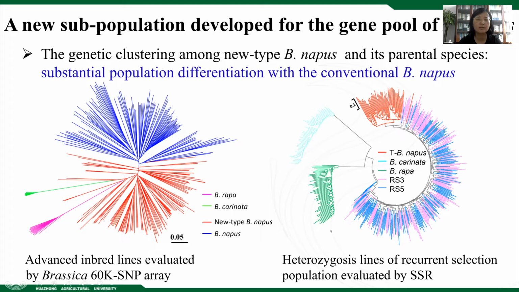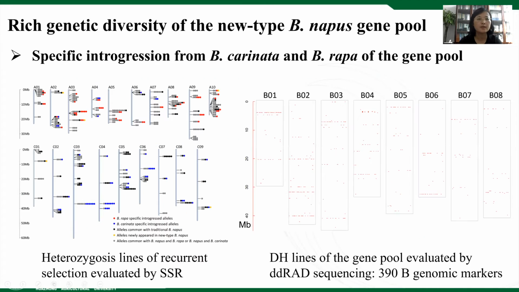We can see they form different subpopulations. Using SSR markers and SNP markers, we can find in different loci a lot of multi-allelic variation and novel allelic recombinations.